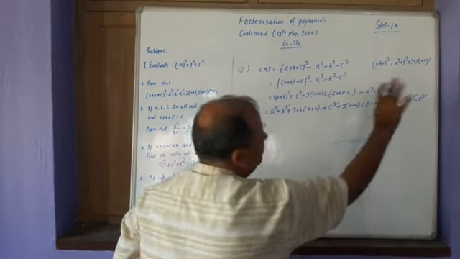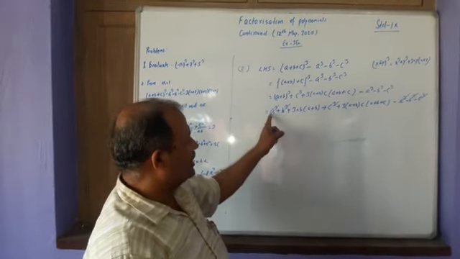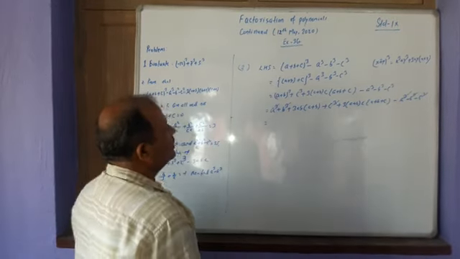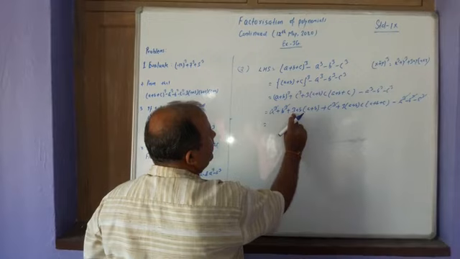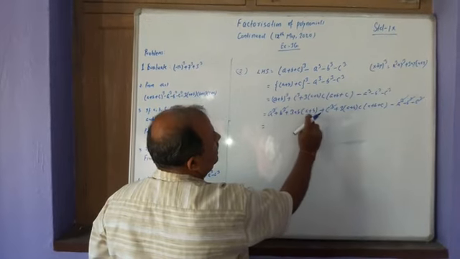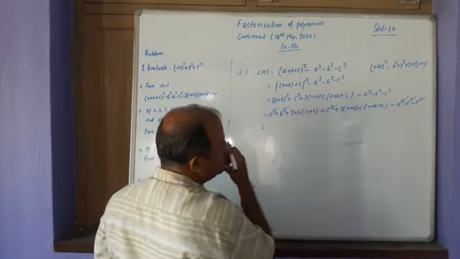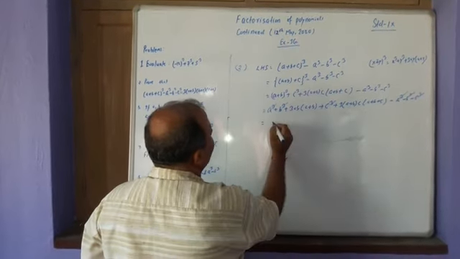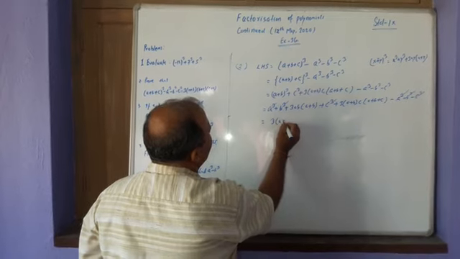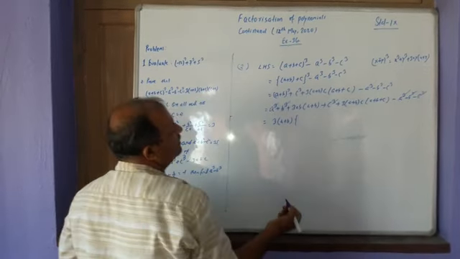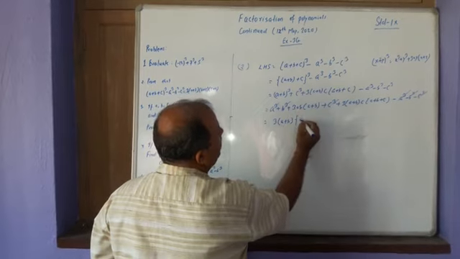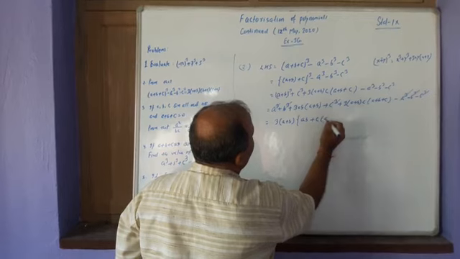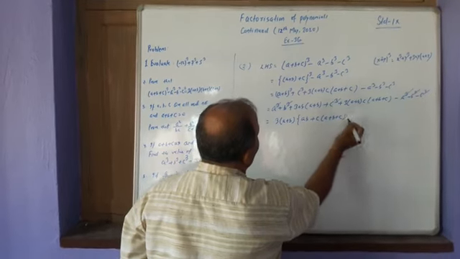Plus minus gives 0. In plus it is a cube, in minus it is a cube. Both will be cancelled. Now we find 3 into a plus b is common in both of the rest two expressions. When we take 3 into a plus b as common, we are left with ab plus c into a plus b plus c.